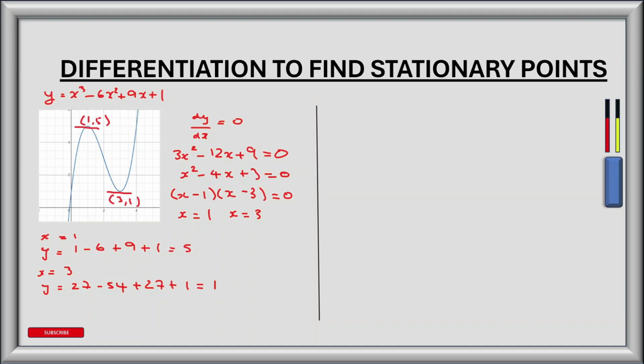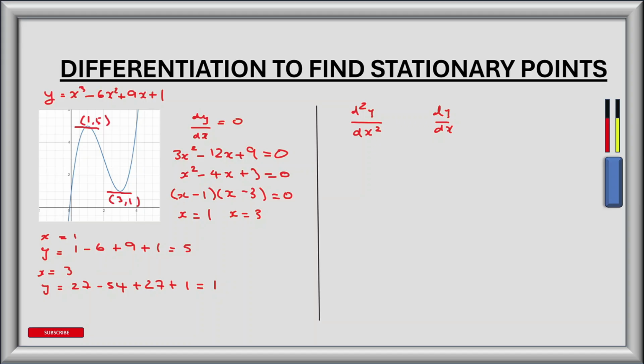So to do that, we can take the second derivative. So the second derivative is d2y by dx squared. So effectively, we differentiate the gradient function. The gradient function is dy by dx.